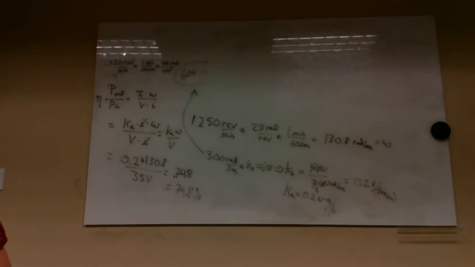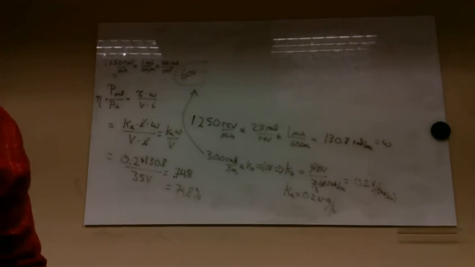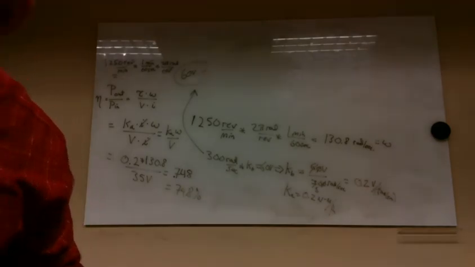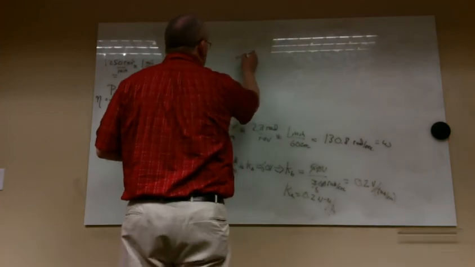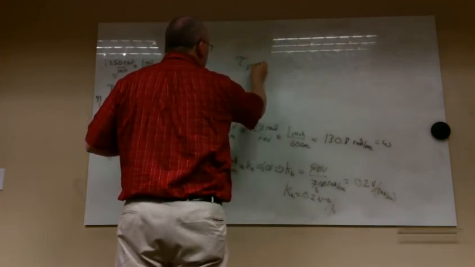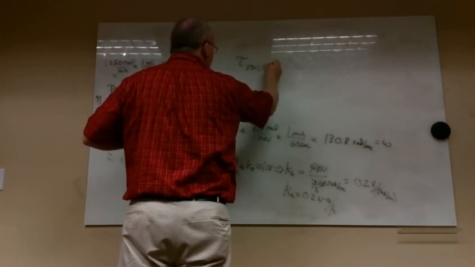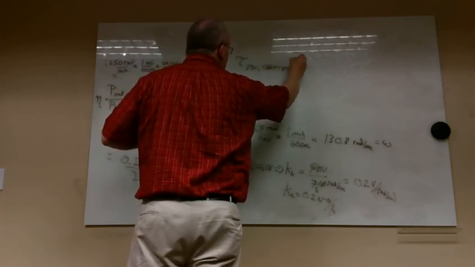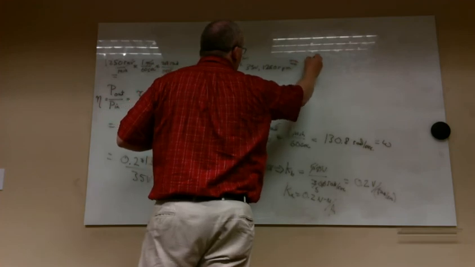Now, interestingly enough, let's get the power out at that point. Well, actually, first off, torque at 35 volts and 1250 RPM is about equal to 1.1 newton meters.